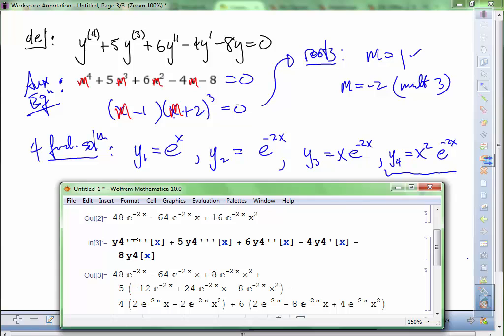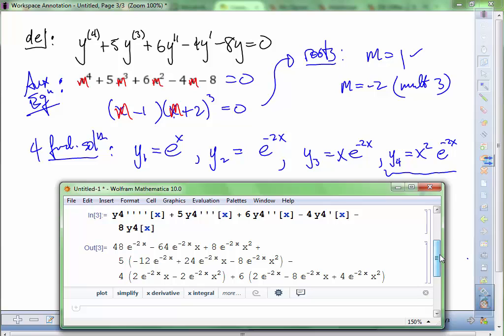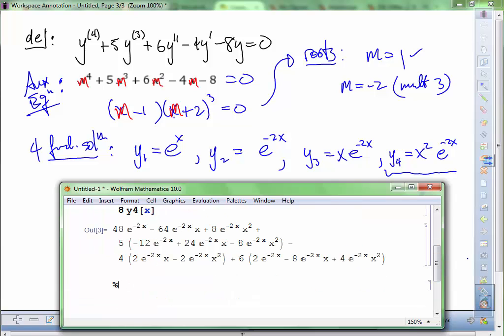What's that supposed to equal? That doesn't look like it's equal to 0. But if we simplify it, we do get 0. Okay?